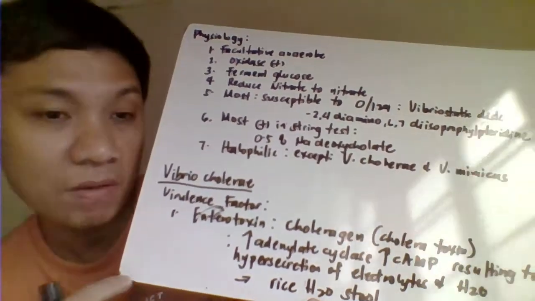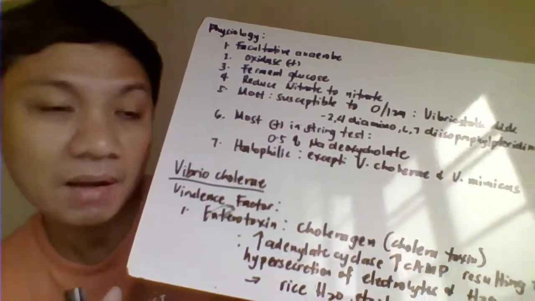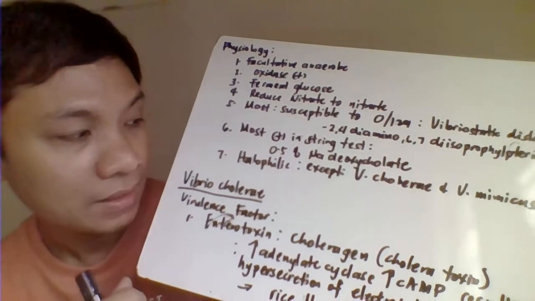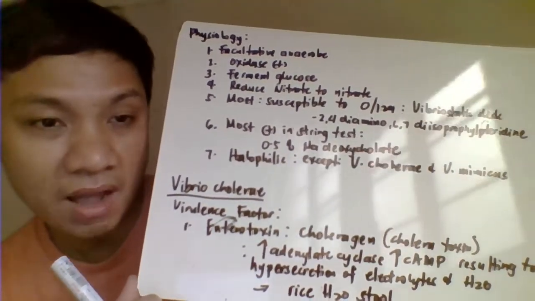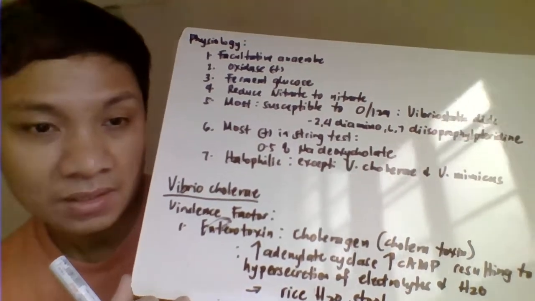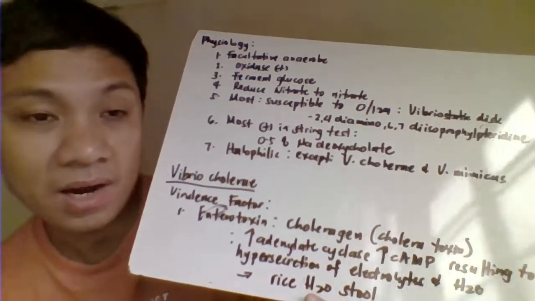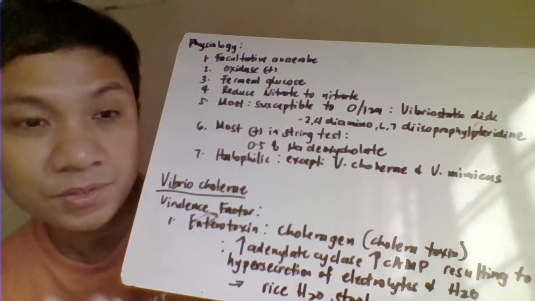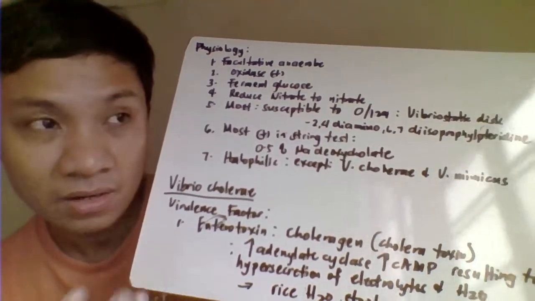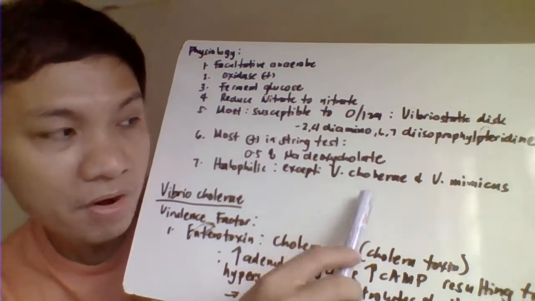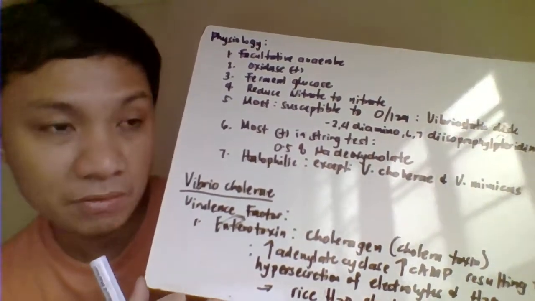I think most of your Vibrios will give a positive result with the string test. Another characteristic is halophilic, meaning salt-loving. Some of them have an absolute requirement for a high salt environment or high sodium chloride concentration, except Vibrio cholerae and Vibrio mimicus.